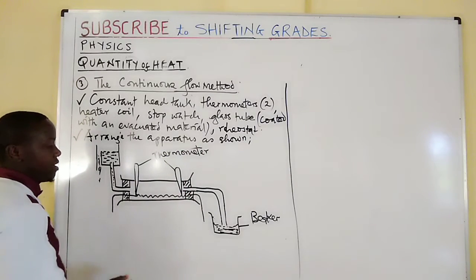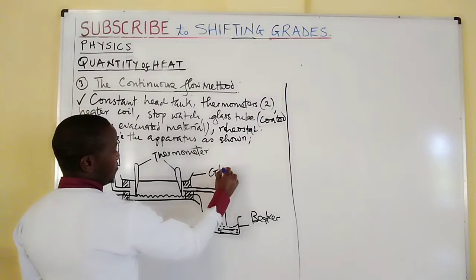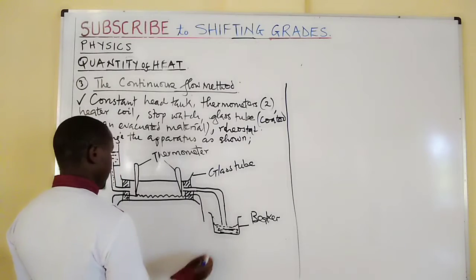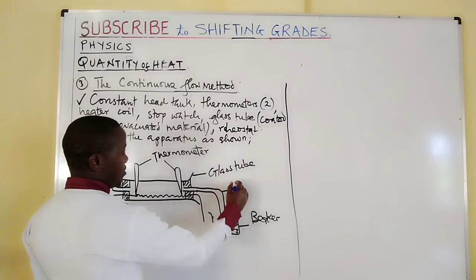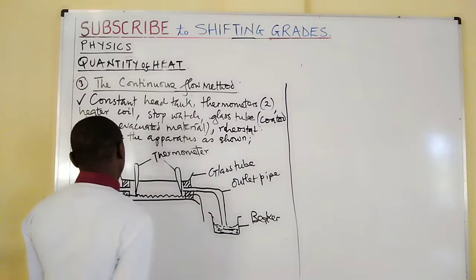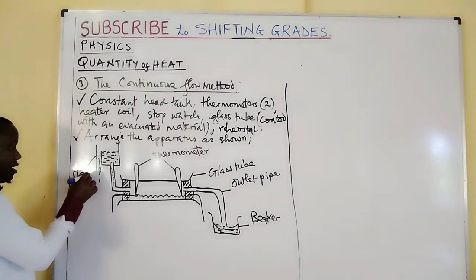We have the glass tube here. Then we have an outlet pipe. This is the constant head tank.